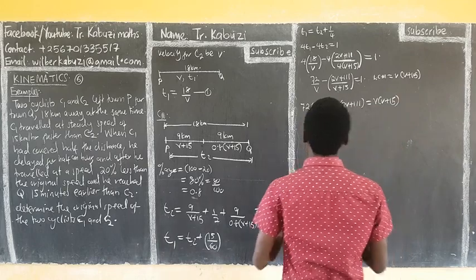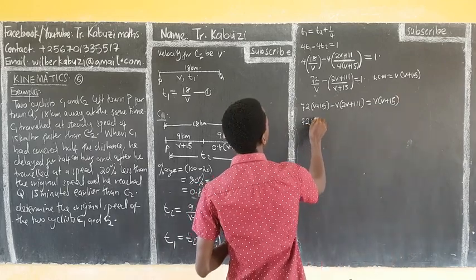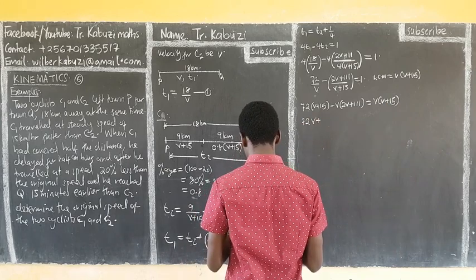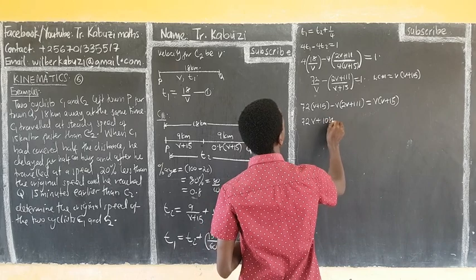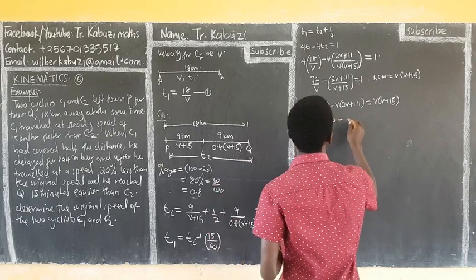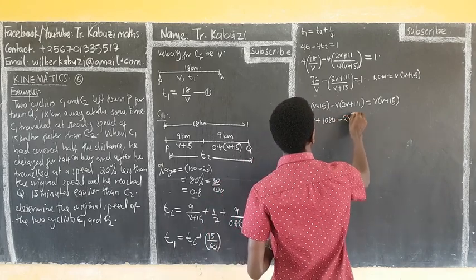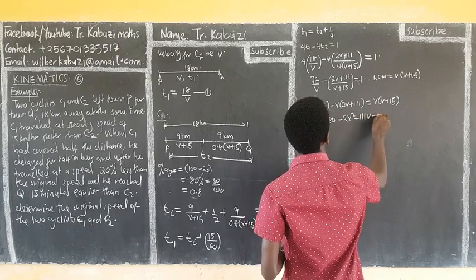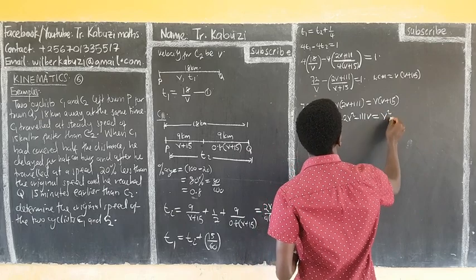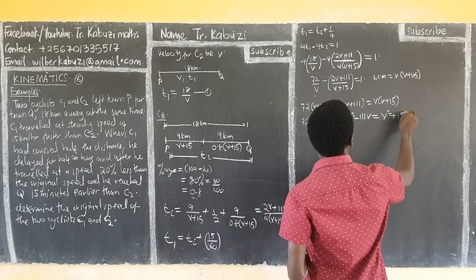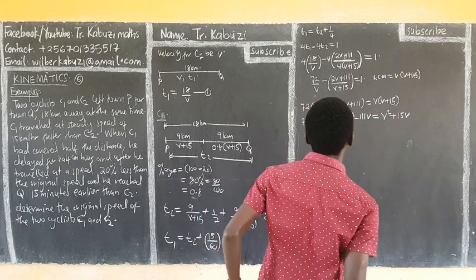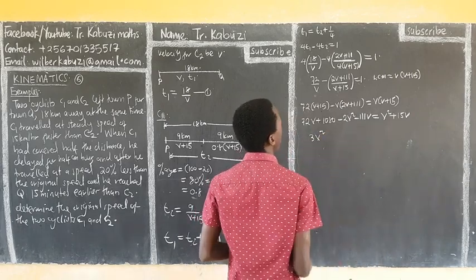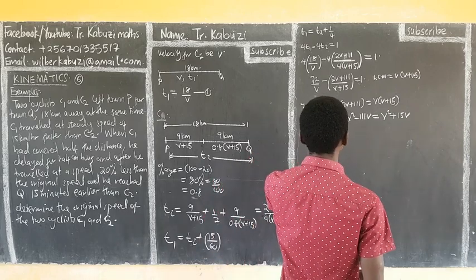So let us expand. Here we have 72b, then plus 72 times 15, 1080, then minus 2b squared, then minus 11b is equal to b squared plus 15b. Can you take everything to one side? When I take this side, I have 3b squared. Then what else?